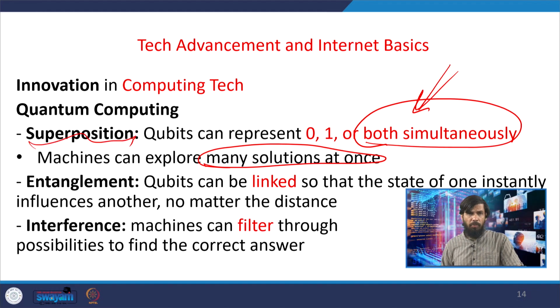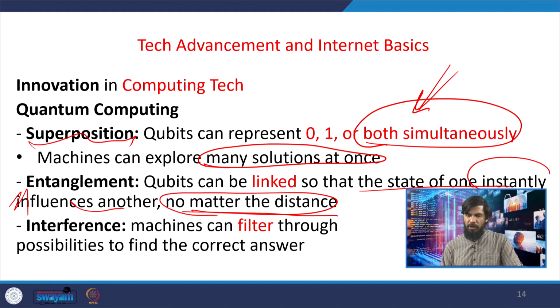Another property is entanglement. Qubits can be linked, so that if there is a change in the state of one, it will instantly influence the other, no matter the distance. That means no time will be taken when these qubits are linked.